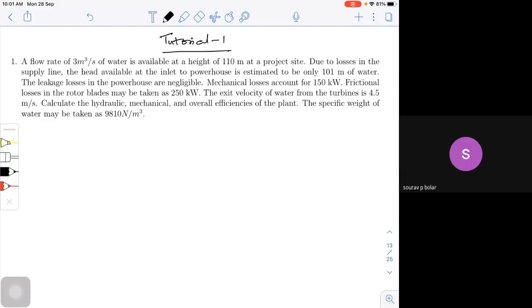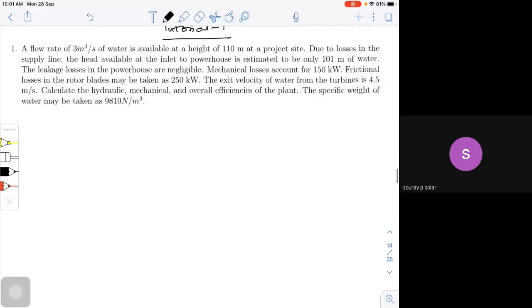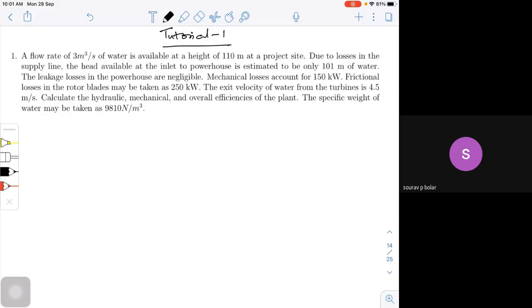Now, there is a numerical something like this. A flow rate of 3 meter cube per second, that is the discharge, of water is available at a height of 110 meters at a project site. Due to losses in the supply line, the head available at the inlet to the powerhouse is estimated to be only 101 meters of water.